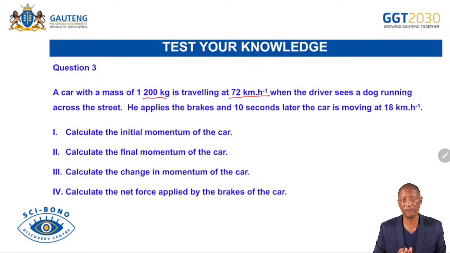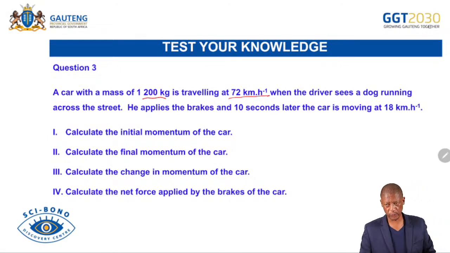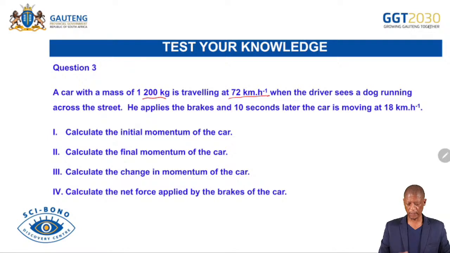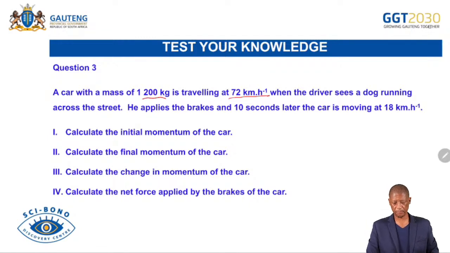You must do the conversion, learners. The 72 you must convert from kilometers per hour to meters per second. I did that example on how to convert kilometers per hour to meters per second.